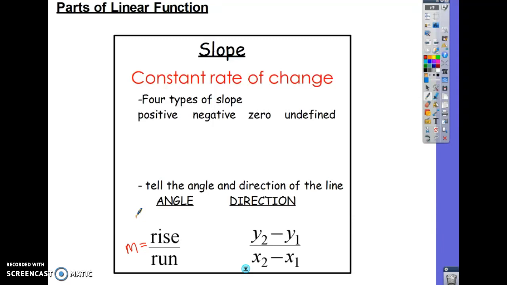Rise is how high or how far up or down your equation is going. Run is how far from side to side your equation is going. Okay, and then we'll also be using this formula down here in just a minute, y2 minus y1 divided by x2 minus x1. That is another way to find the slope.